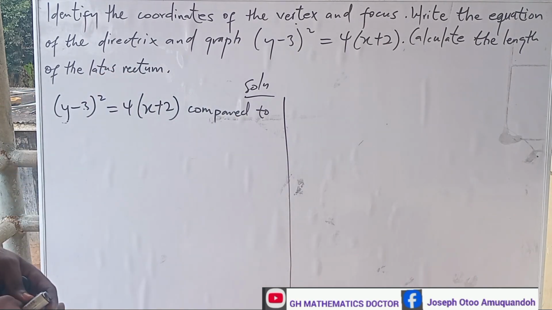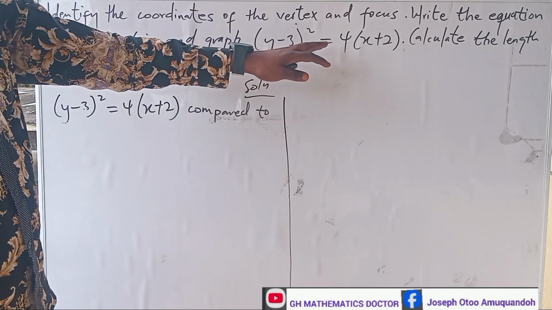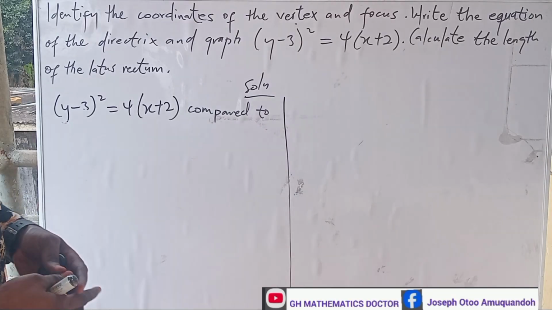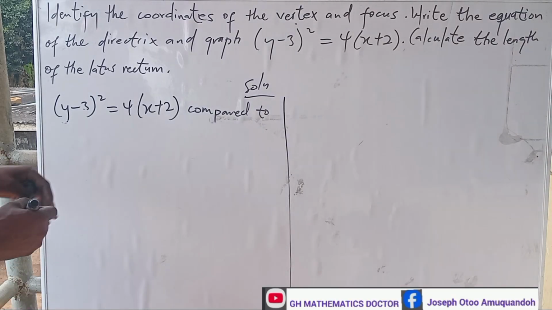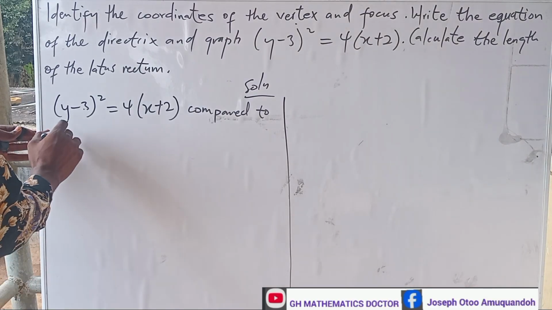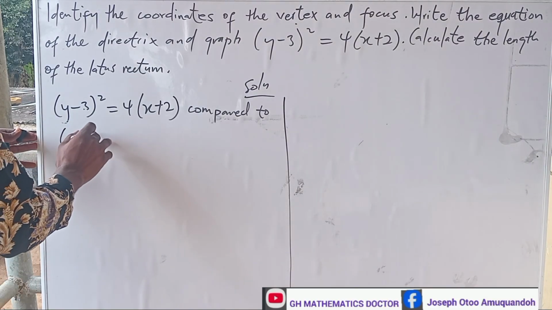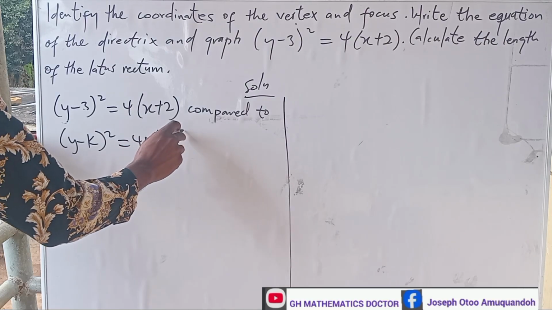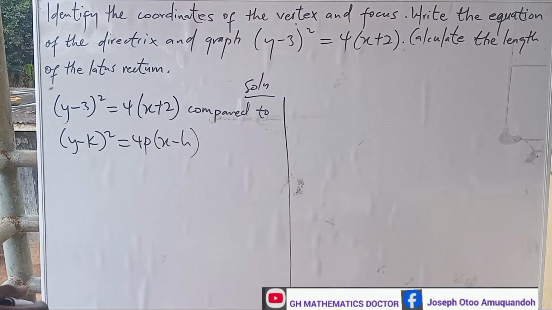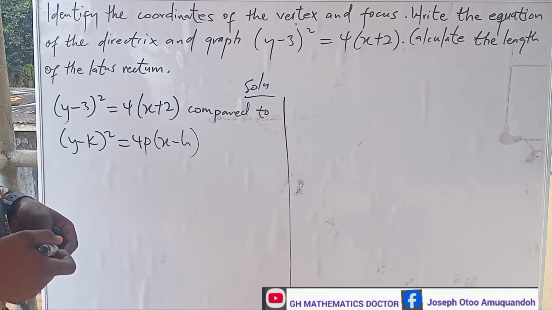So let's begin. Before that, we need to compare this question to one of the basic formulas of the parabola. So in this question, you are going to choose (y minus k) squared equal to 4p(x minus h). So it's a translated parabola.